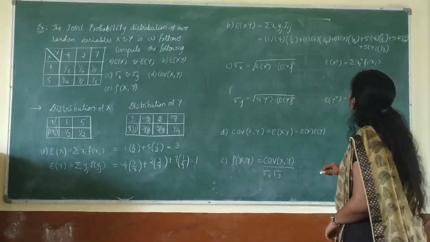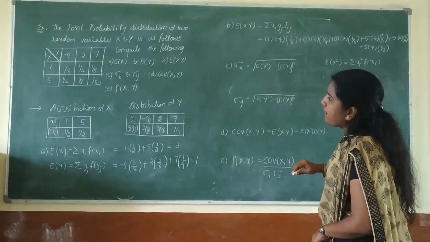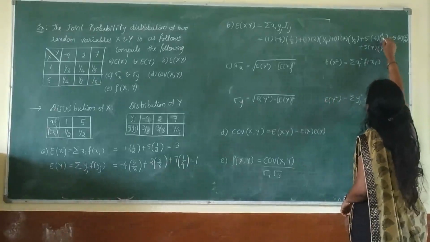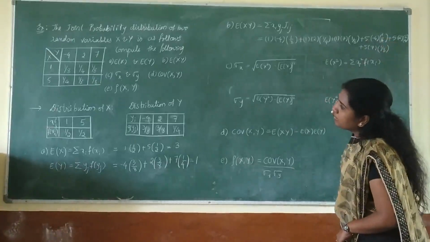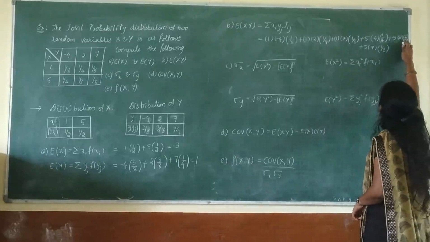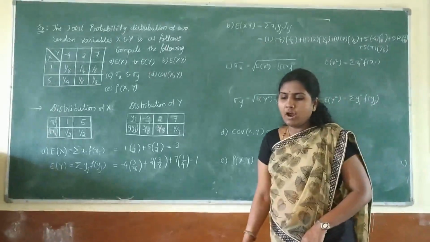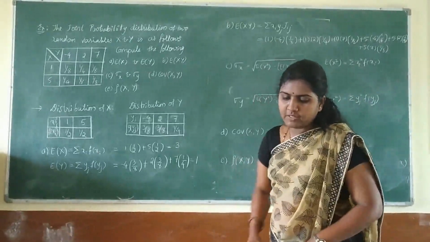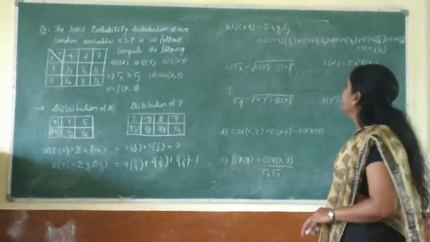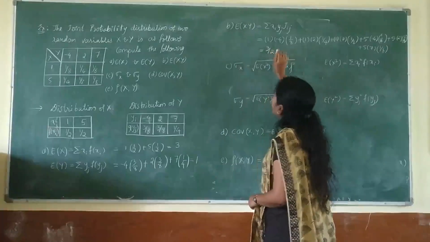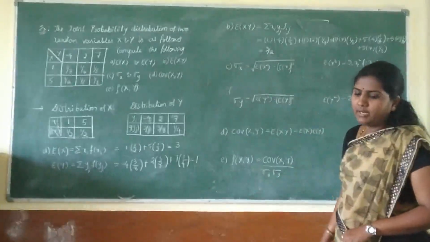Okay, next simplify this one. After simplifying, E of xy is 3 by 2.